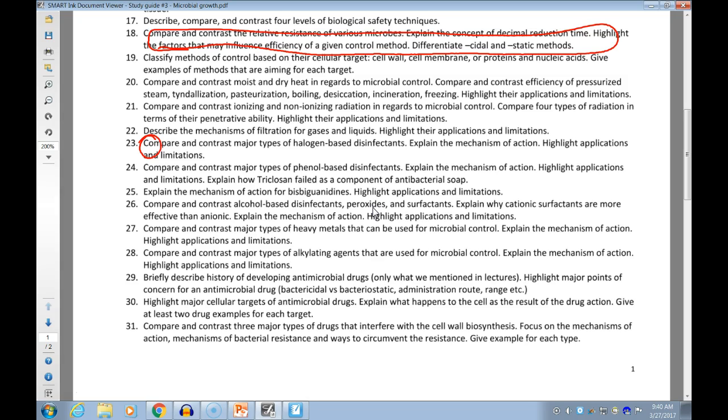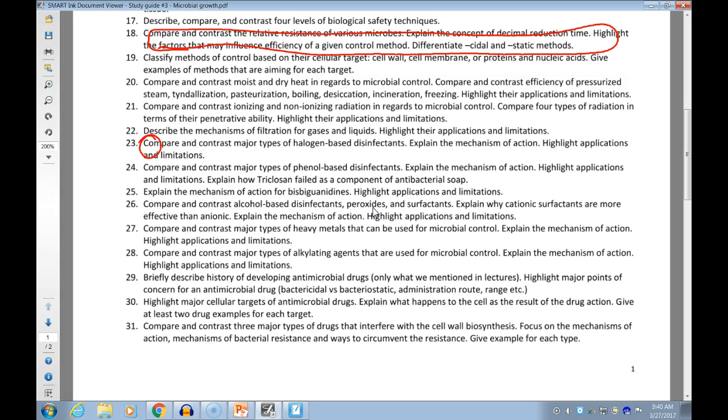Phenol-based disinfectants. Mechanisms: inhibition of protein, denaturation and membrane disruption. Okay, and remember we have had this case of triclosan.